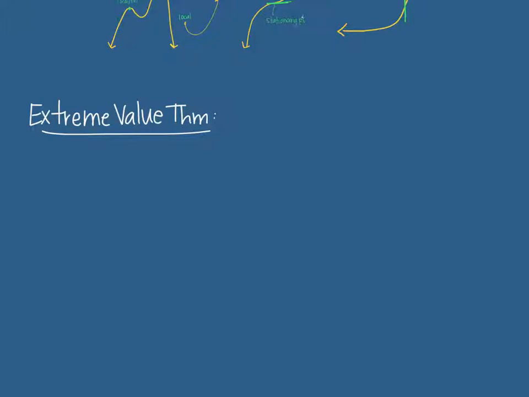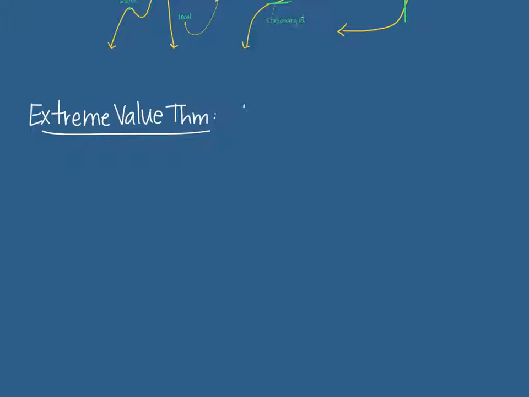Okay, the extreme value theorem says this: you'll always be able to find a max and a min, if, there's always the if. You can't just stop a theorem and say you'll always be able to find a max or a min. You can't just stop there. You'll always be able to find a max and a min of a function if the function is continuous on a closed interval.